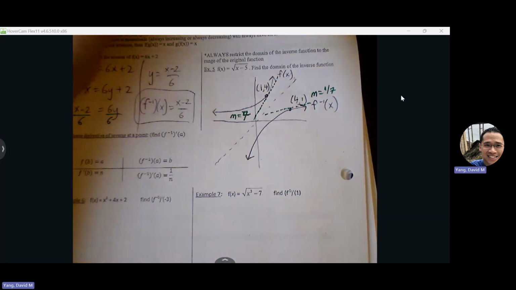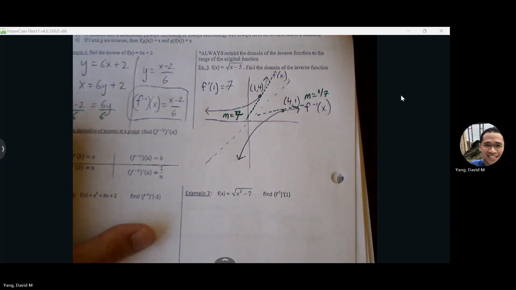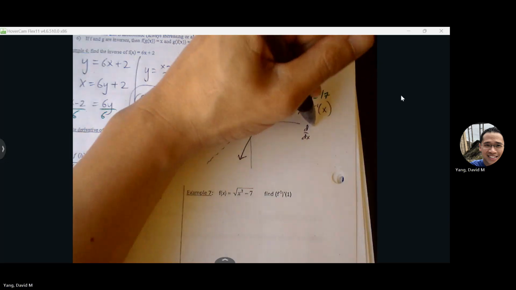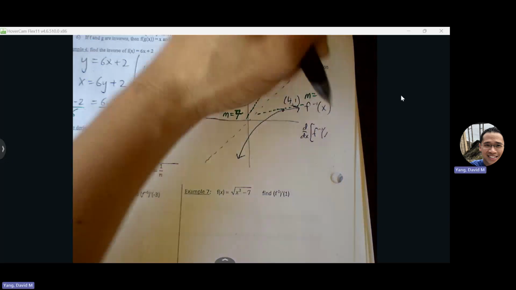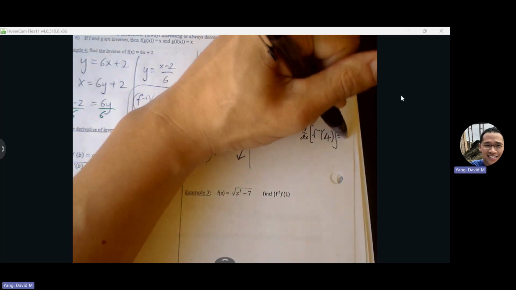So what I can say here is f prime of 1 is equal to 7. However, the derivative of f inverse at 4 is equal to 1/7.